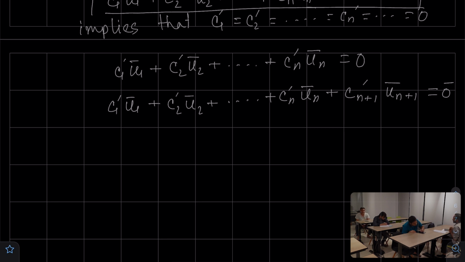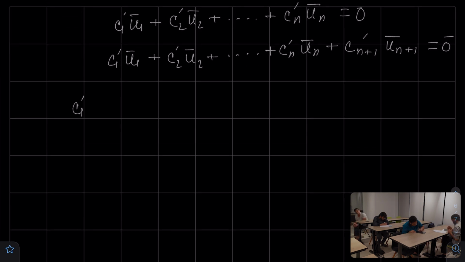So if this infinite summation, if I consider c1 prime u1 vector plus c2 prime u2 vector equals 0, and the c's not equal to 0, this point is the infinite summation.